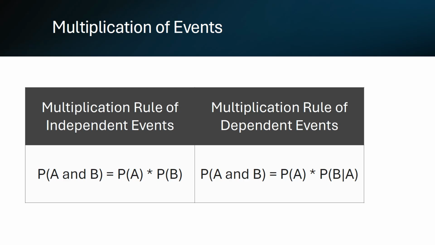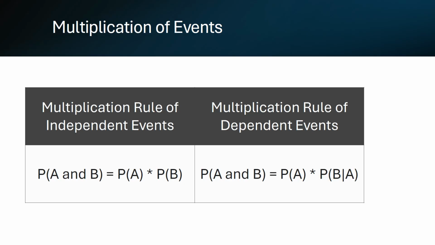Let me define what a permutation is and what a combination is. Permutation is the selection of items in which order matters. If we are performing an experiment in which the order in which the items are selected is important, we can use the formula of permutation to count the number of such selections.